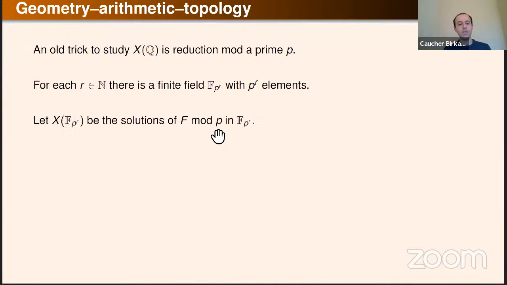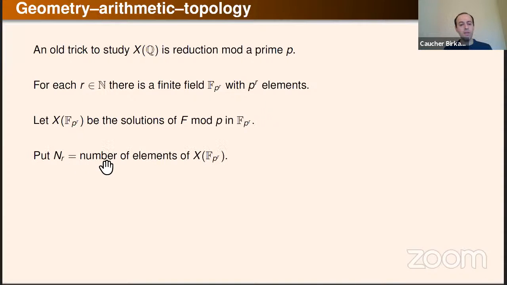And you can also study the solutions of our equation over these fields. For each r, we look at the points of X inside F_{p^r}. So in other words, you just have your equation, you consider it as an equation over F_{p^r} and see what kind of solutions you have. So this is theoretically a very simple question.